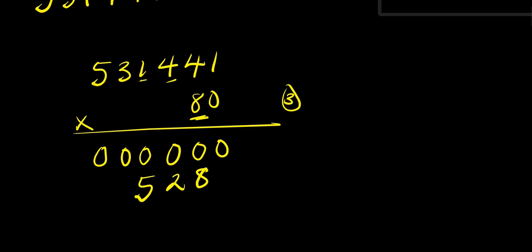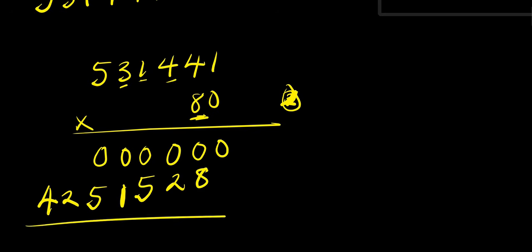8 times 1, 8. 8 plus 3, 11. 1 carry over 1. 8 times 3, 24 plus 1, 25. 5 carry over 2. 8 times 5, 40. 40 plus 2, 42. We add up together.